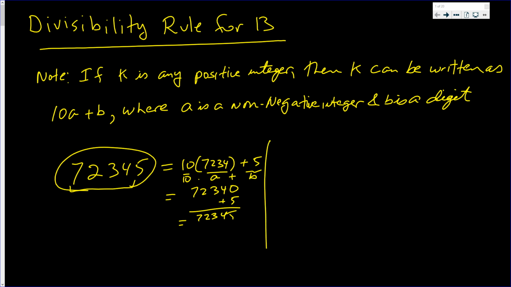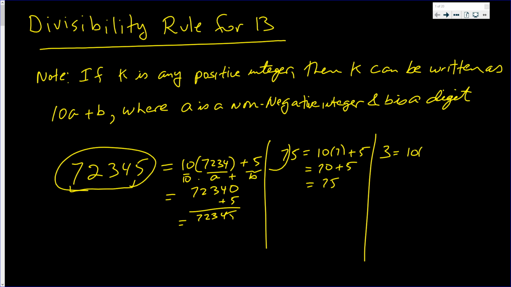Well, what if we had a smaller number, like 75? Well, this is 10 times 7, which is 70, plus 5. And 70 plus 5, that's 75. Well, what if we had a single-digit number? It's 10 times a plus b.